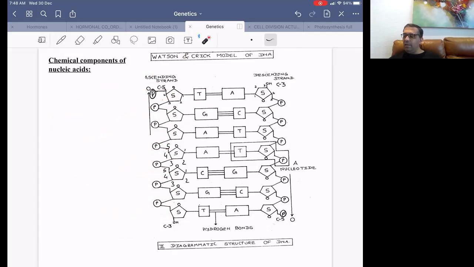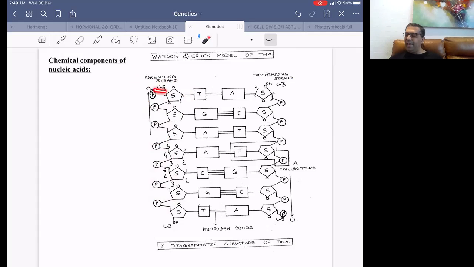So at the fifth carbon there is a free phosphate, and this is called the free phosphate end.